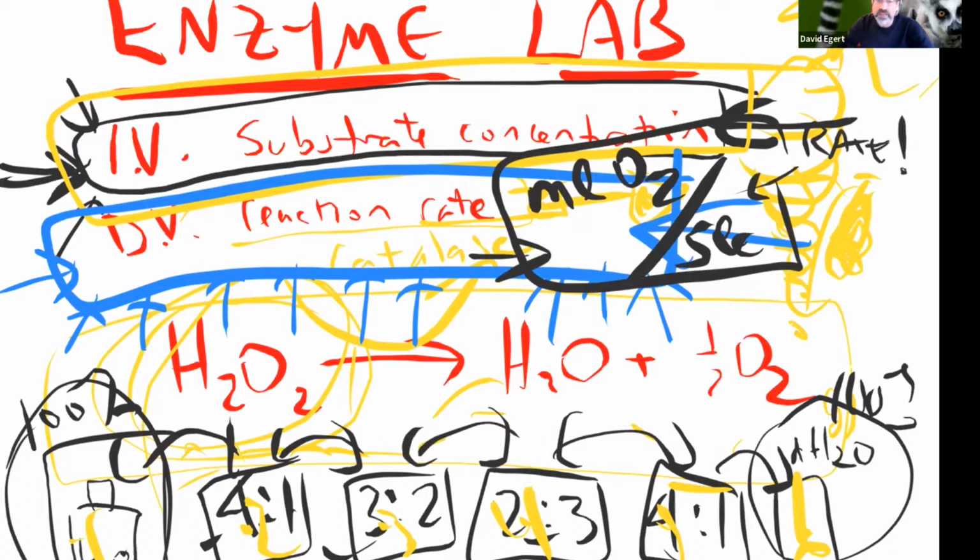My reaction rate is going to be measured in milliliters of oxygen formed per second while the reaction is going. And this is a lot less straightforward to get at than dilutions for our independent variable.